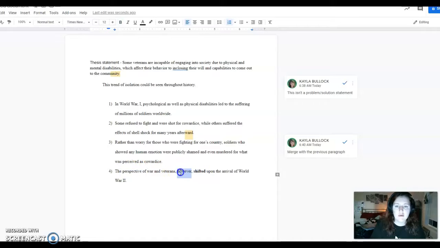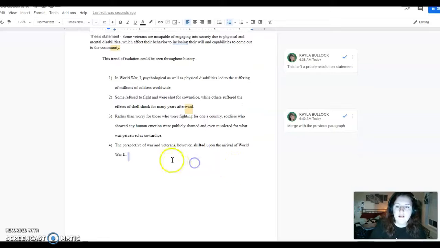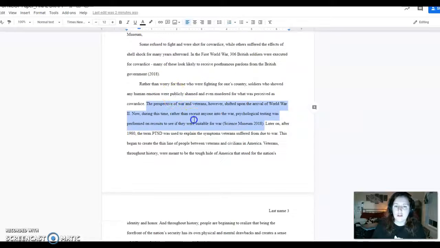Since however is between them, it's an interrupter, and we put commas around it. So here we can see that we have a new claim. We were talking about World War I, and now we're talking about World War II and how there's a perspective shift. We're expecting some evidence showing the shift of perspective in World War II. Let's see.